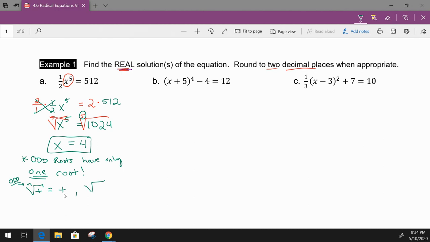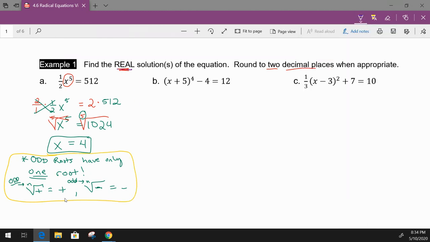If you have a root that is odd, and you have a negative number underneath in the radicand, then it will equal a negative solution. So that is something that you want to make sure that you are aware of.